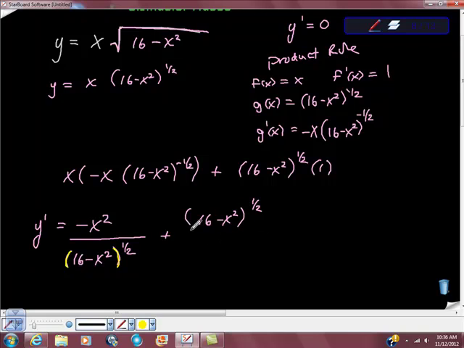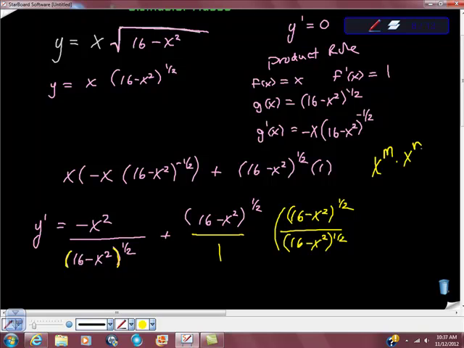So I'm just going to multiply this piece right here times 16 minus x squared to the 1/2 power over quantity 16 minus x squared to the 1/2 power. Look at this for a second. This is this rule: x to the m times x to the n is x to the m plus n. So it's this to the 1/2 times this to the 1/2, and 1/2 plus 1/2 is 1. So it's that whole thing to the first power.